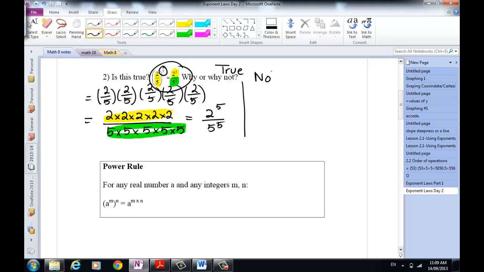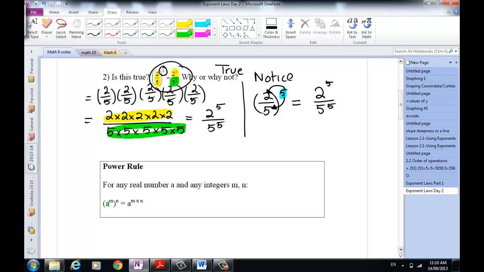What I want you to notice here is that what we started off with is 2 over 5, all to the power of 5. All I'm really doing is saying that my 2 is affected by this exponent, and my 5 is being affected by this exponent, and therefore I get 2 to the power of 5 over 5 to the power of 5. This rule is called the power rule.